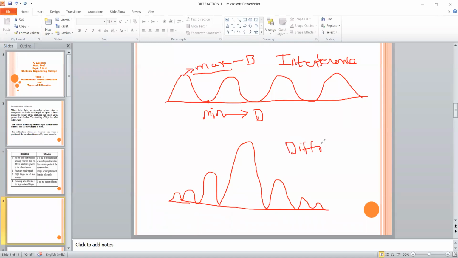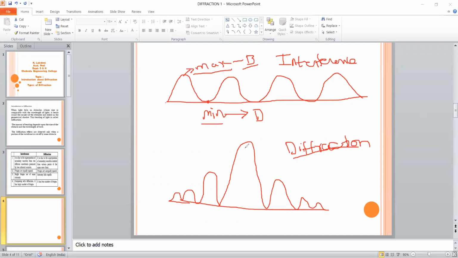In interference, all the maximum intensity cases give the bright fringe. Then what about diffraction? In interference, we have only two cases, maximum and minimum. Maximum means bright fringe, minimum means dark fringe.